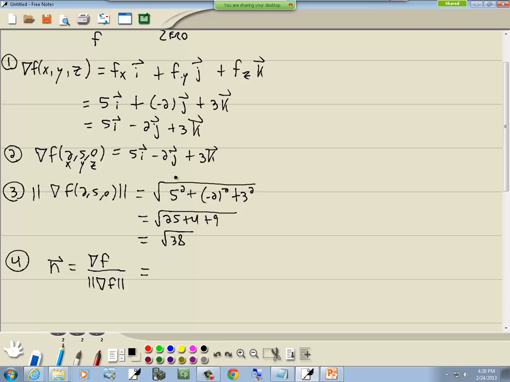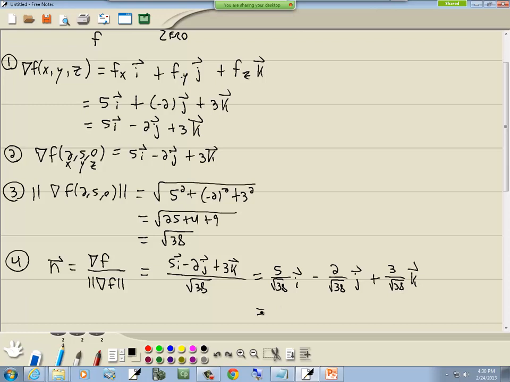Well, del f from step 2 was 5i minus 2j plus 3k over the magnitude, which was the square root of 38. So that's going to give us 5 over square root of 38 i minus 2 over square root of 38 j plus 3 over square root of 38 k.